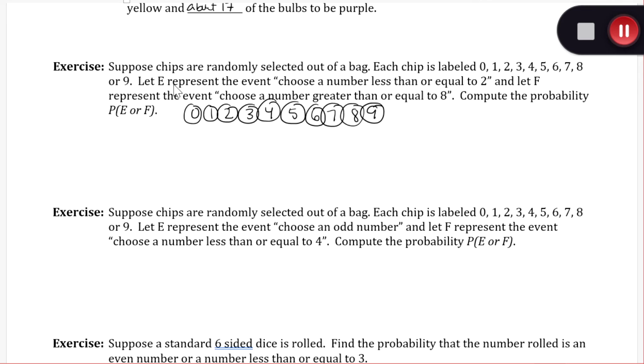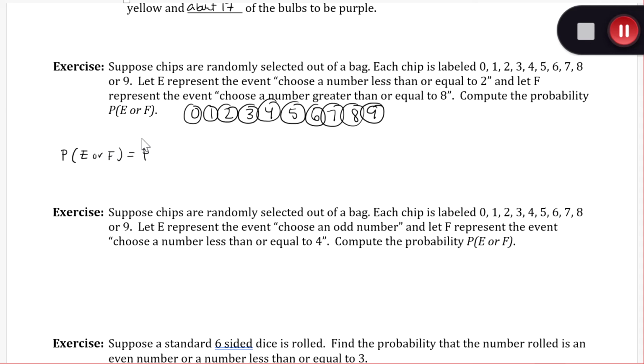Let event E represent the event choose a number less than or equal to 2, and let F represent the event choose a number greater than or equal to 8. Compute the probability of E or F.